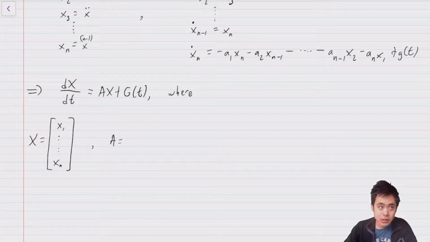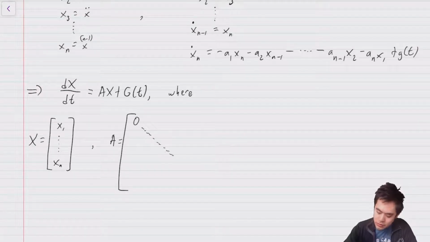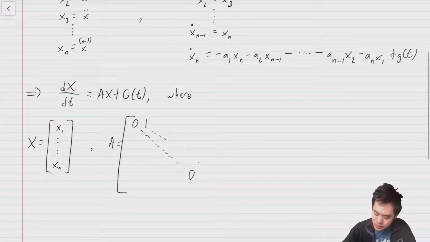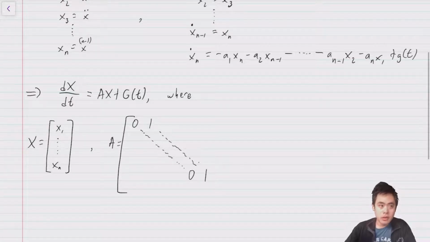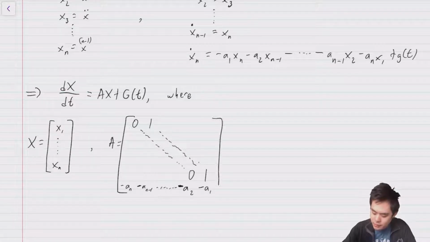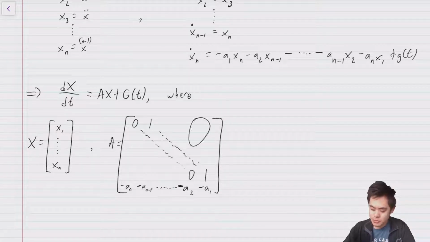A is going to be the companion matrix, which has 1 directly above the diagonal until the last row, and in the very last row we'll have minus an, minus a(n-1), all the way through minus a2 and minus a1, and zeros everywhere else.